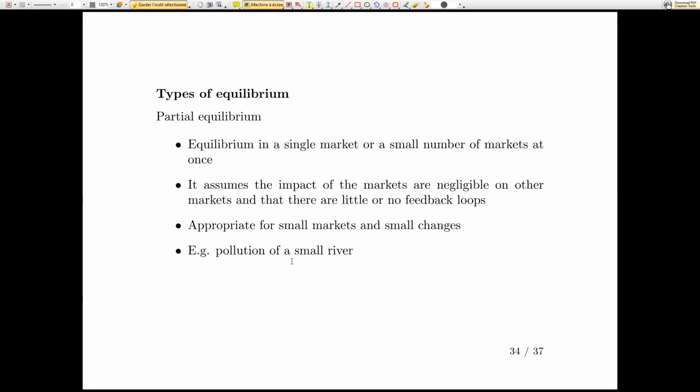So you can just study this problem on its own and not care about the rest. Again, this is mostly what we do in this class.